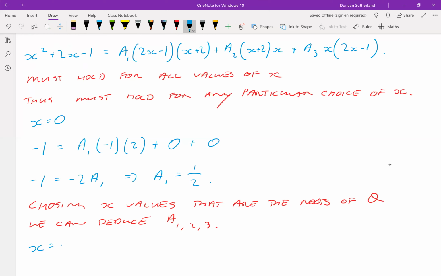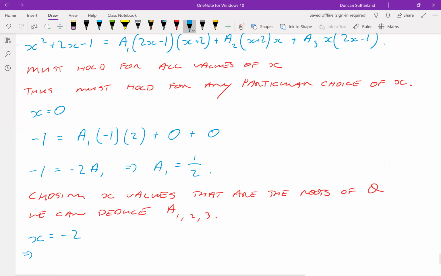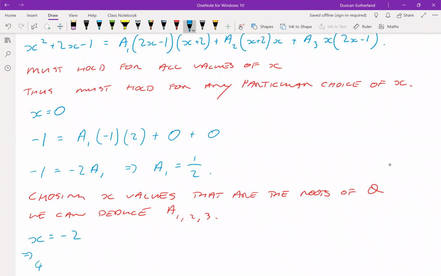x equals minus 2 implies 4 minus 4 minus 1 equals 0 plus 0 plus A3 times minus 2 times minus 5.